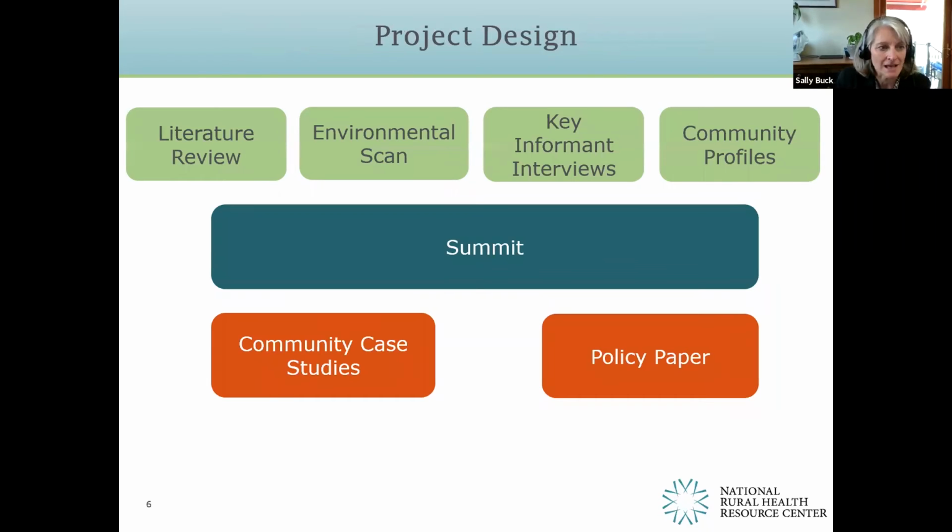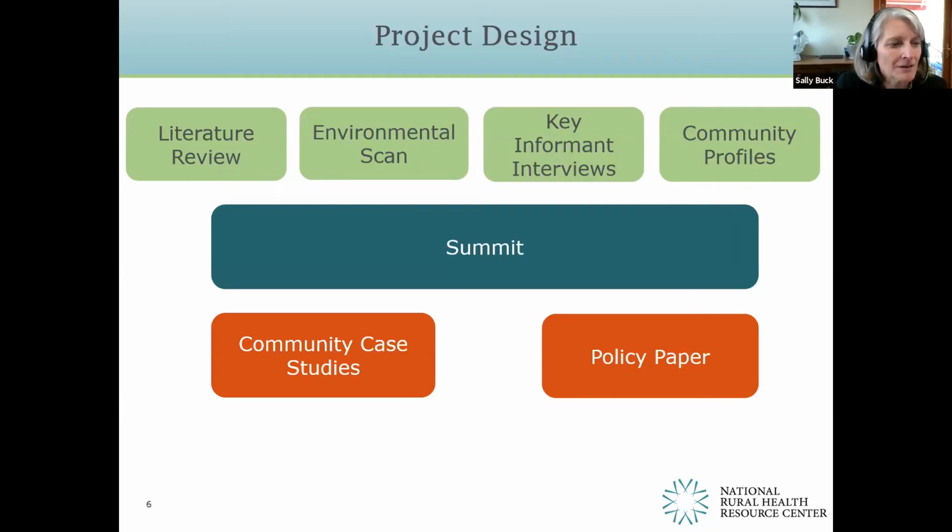And the project design, to answer this focus question, as we are a group that loves systems, as Terry said, is we're using a systems approach. We're not just looking at secondary data as the one component.